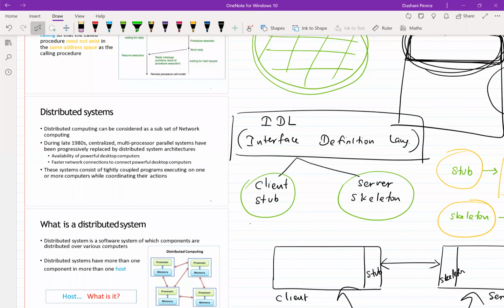When we come to distributed systems, we discussed this initially at the very beginning of the lecture today, that distributed computing is a set of tightly coupled programs executing on one or more computers and coordinating their actions. So they carry out functions which nobody would be able to carry out alone, simply because they share resources.